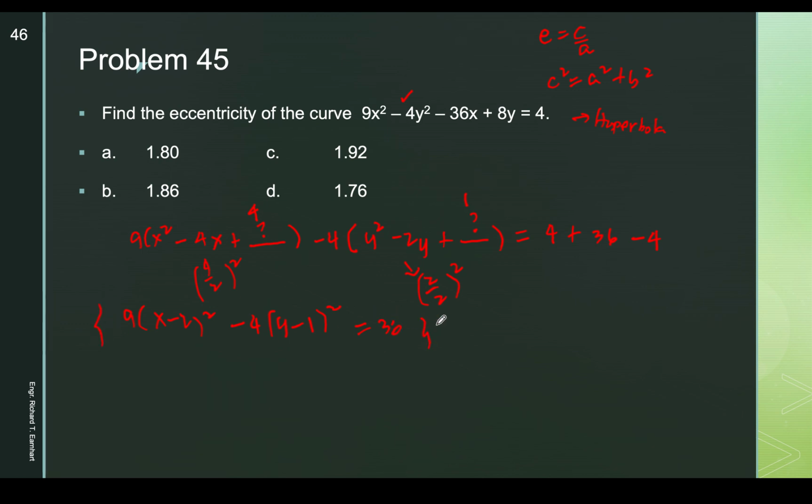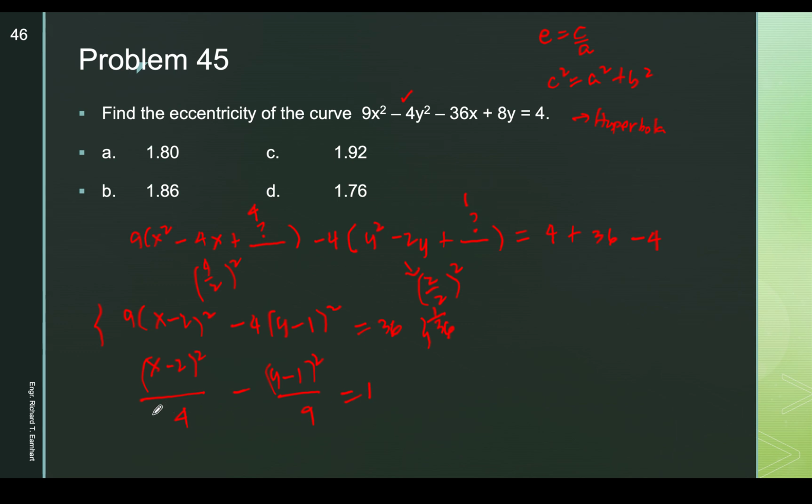Okay, the right hand side should be 1. So we divide both sides now by 36. So this will be x minus 2 quantity squared, 36 divided by 9 will give you 4, minus y minus 1 quantity squared, 36 divided by 4 will give you 9.